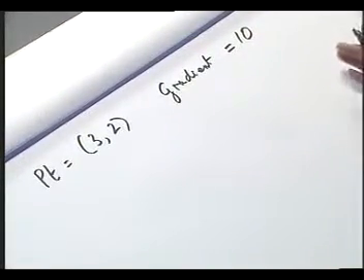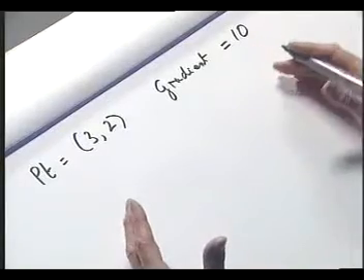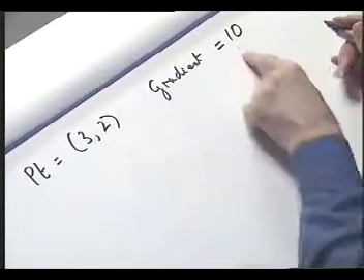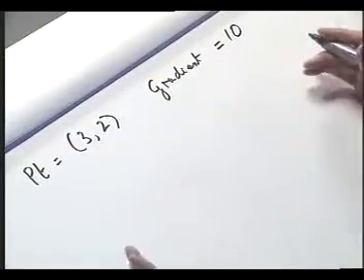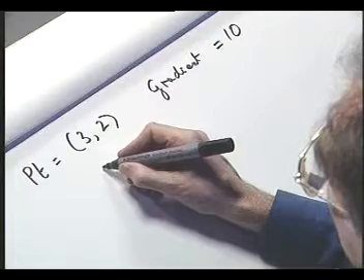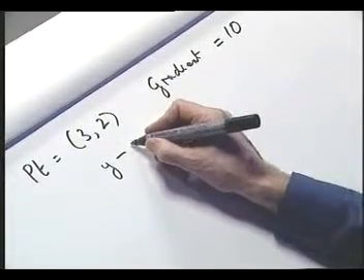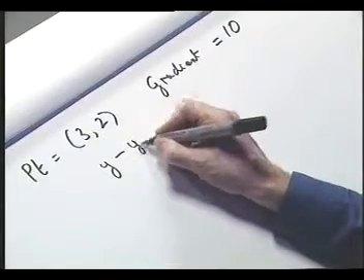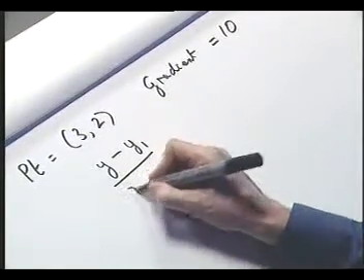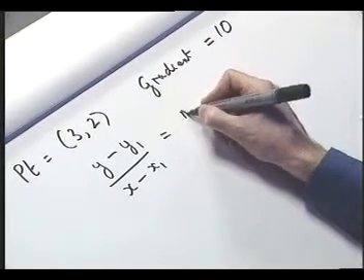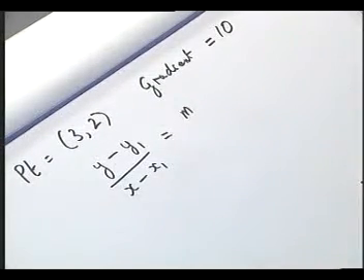And what we want is the equation of the tangent at this point on the curve with this gradient. So that's the equation of a straight line. And the equation of a straight line that goes through a point x1, y1 is y minus y1 over x minus x1 is equal to m, the gradient.